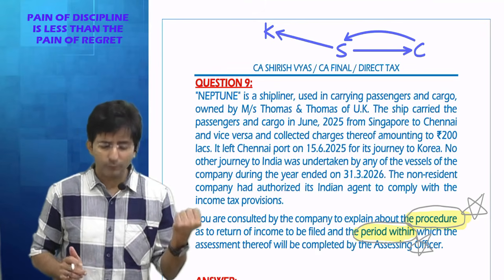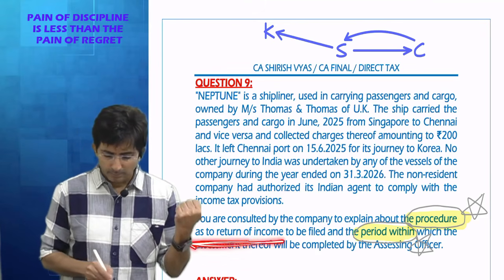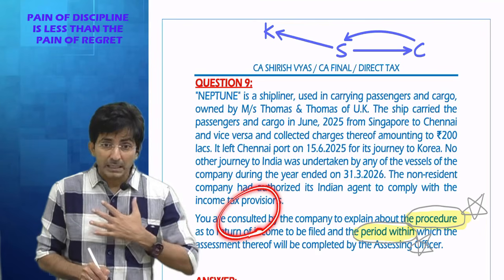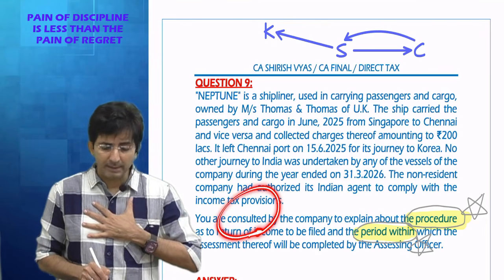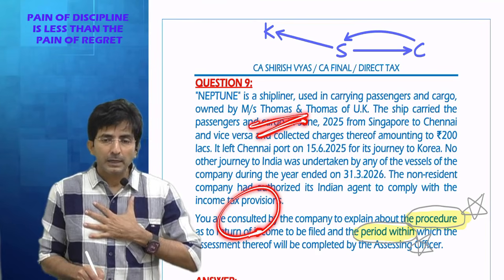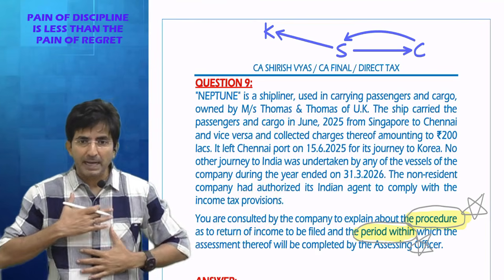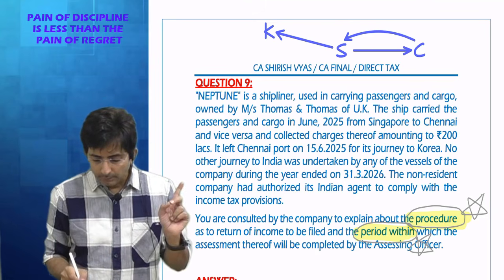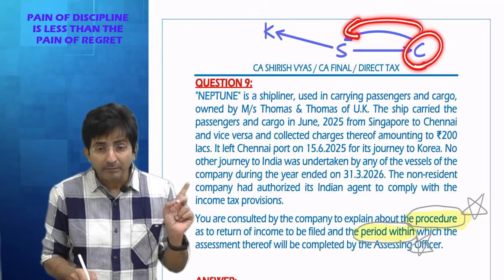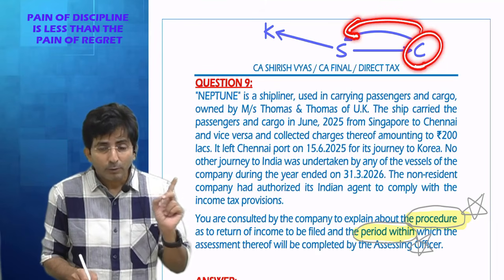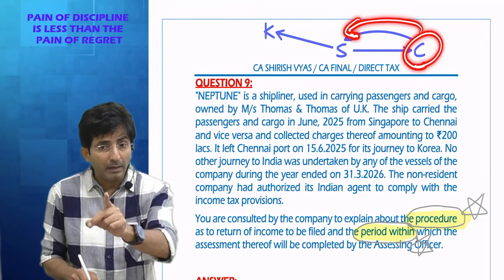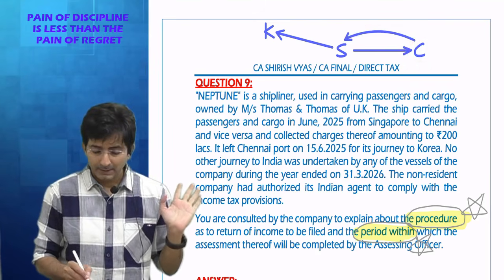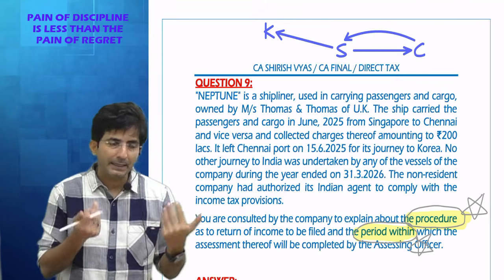Procedure as to filing of return. And for that, we are chartered accountants. Who consulted us? Thomas. So if Thomas consults me, as a chartered accountant, what advice will I give him? I will tell him, see, from Chennai when you are departing, you will have to file a voyage return before it departs from Chennai. From Singapore it came to Chennai, it can come.